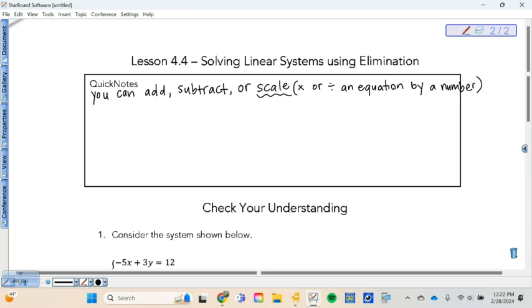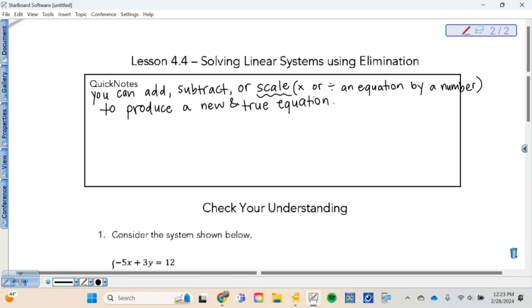Just like we did on the other side, we multiplied one of the equations by 2 and we divided that other equation by 2. So we scaled the equation. So you can add, subtract, or scale to produce a new and true equation.